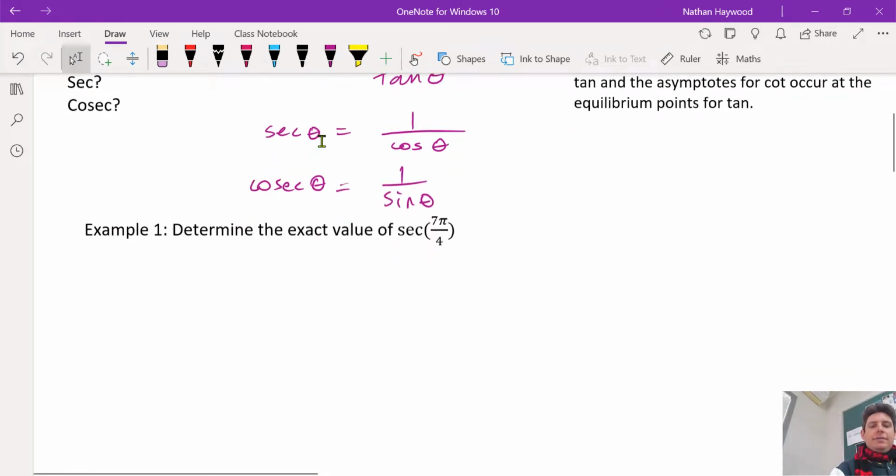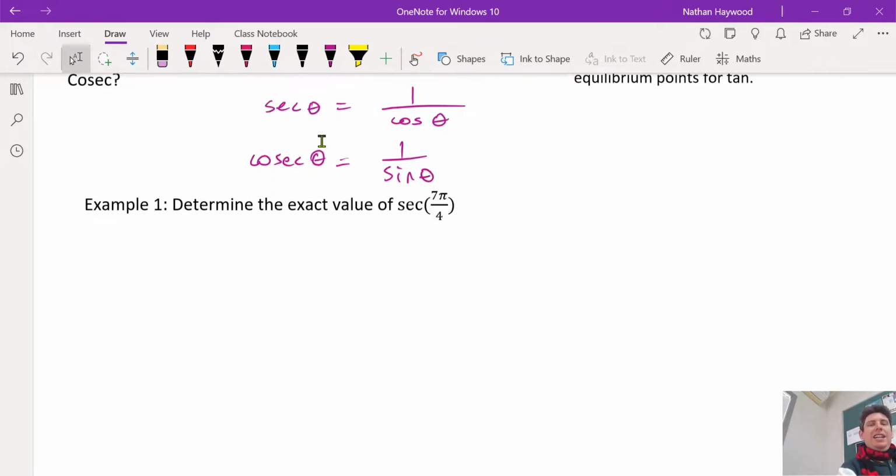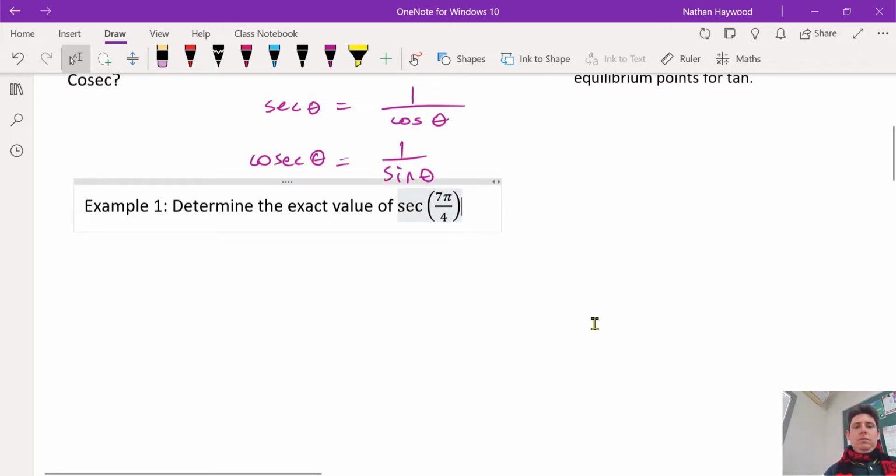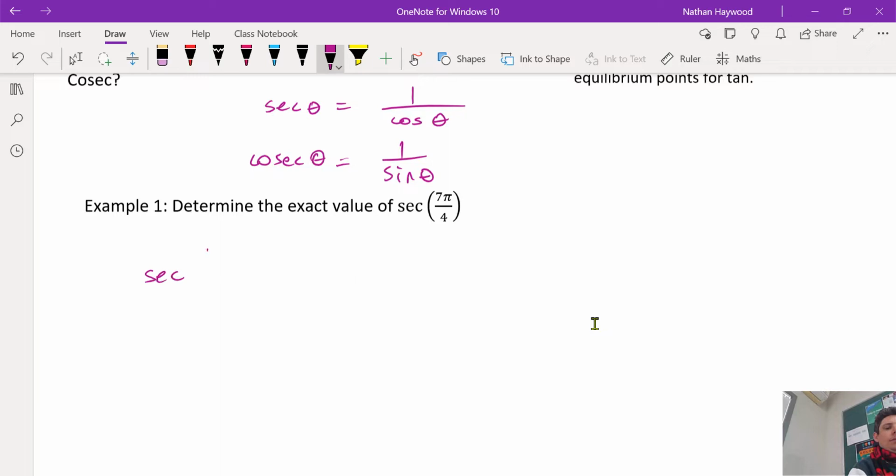All right, next we're looking at an example: sec 7 pi over 4. So it's in radians. What do you think is the first step? Write it down as the reciprocal.